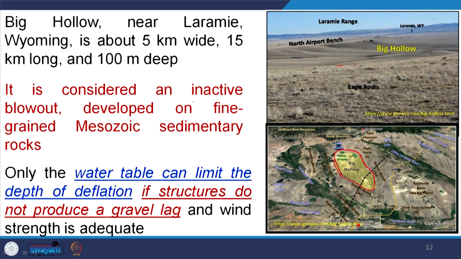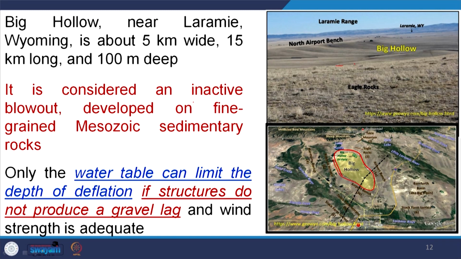Only the water table can limit the depth of deflation if structures do not produce a gravel lag and wind strength is adequate. So, that means deflation will continue up to that, either it is the influence of water table, otherwise it will be covered by a gravel lag, and gravel lag if it is covering, that means we are creating a desert pavement there.